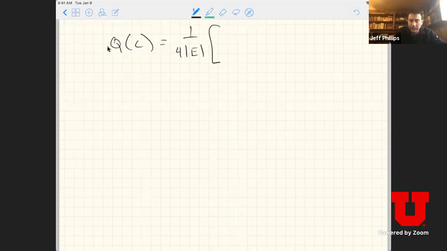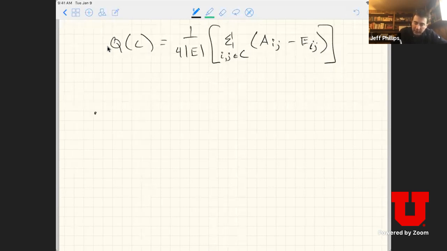The modularity score is going to be, over all vertices in a cluster, the count of those edges divided by the expected number of edges in this cluster.